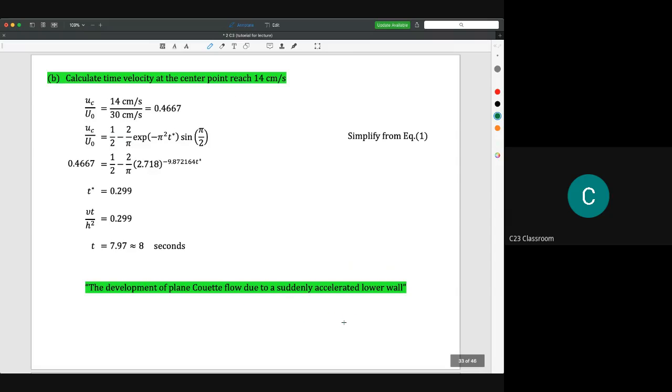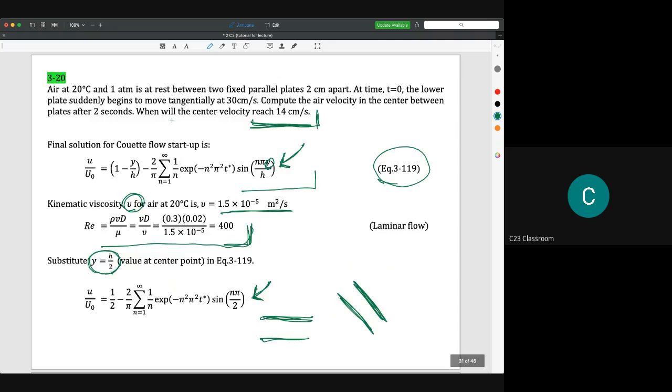And then we need to calculate the time at which the velocity at the center point reaches 14 centimeter per second. So we have this one. First we need to calculate the ratio, because if you see the previous equation here, it actually starts with u over u naught.